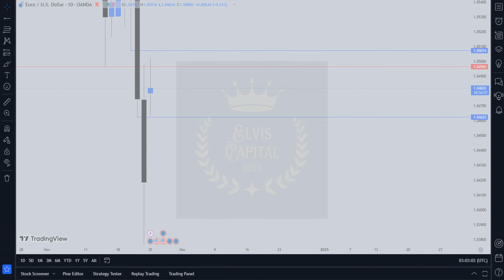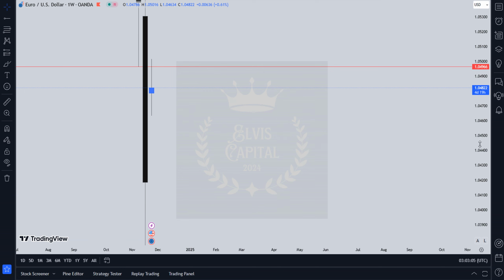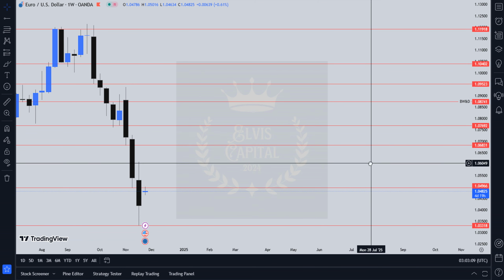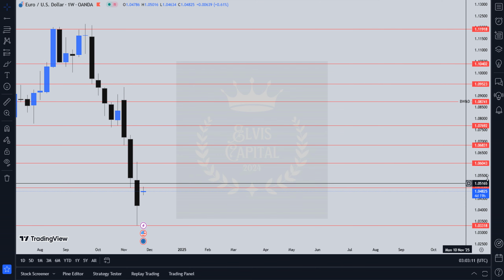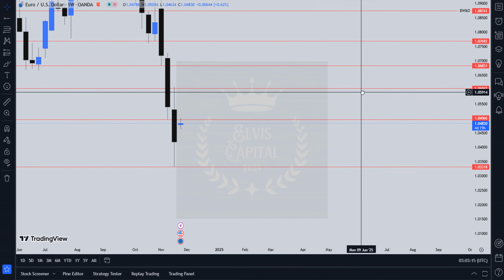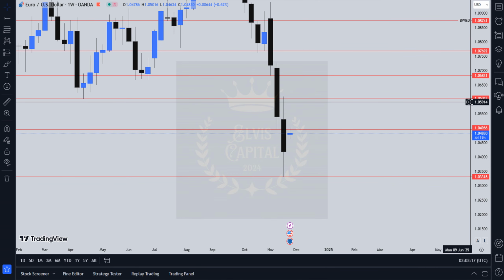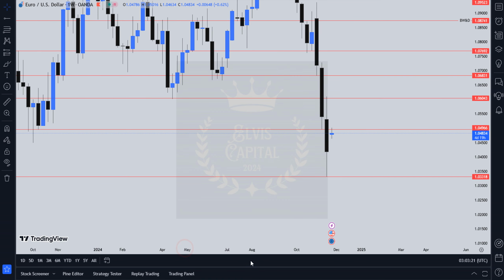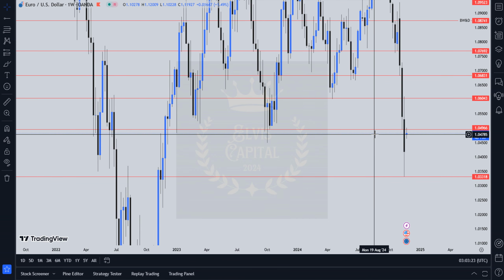So let me first go back to my weekly time frame and try to show something. So now what do I see? For future reference, price will trade maybe. Let me first zoom out and look very closely to see what price is really doing.